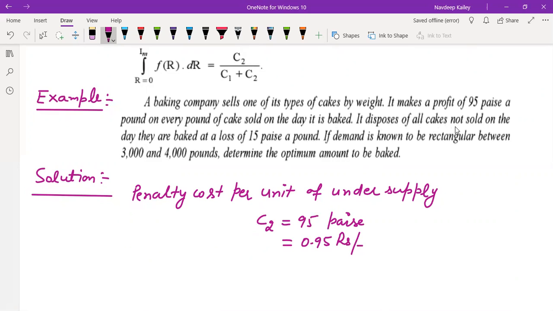It disposes of all cakes not sold on the day they are baked at a loss of 15 paise a pound.